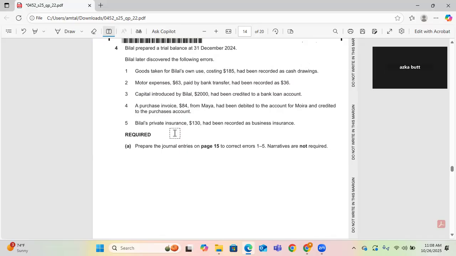So now we need to decrease the business insurance expense by crediting it, and drawings will be debited with $130.